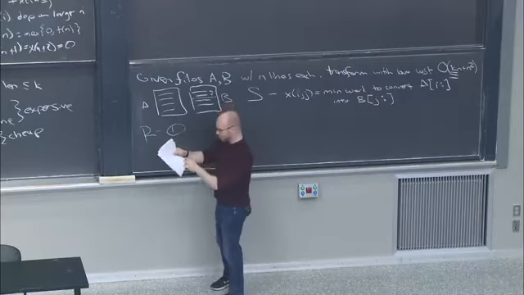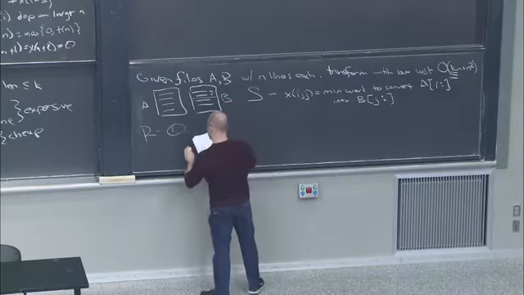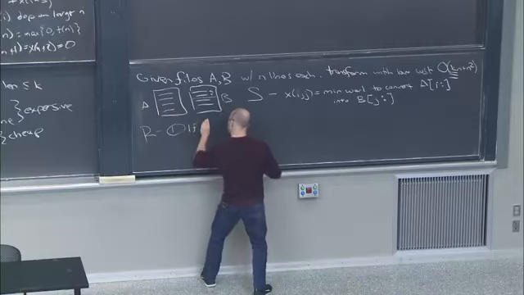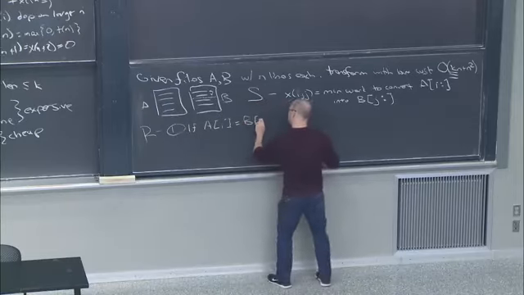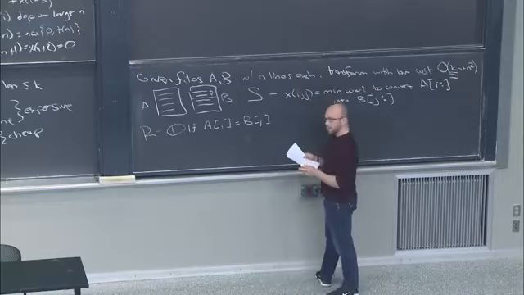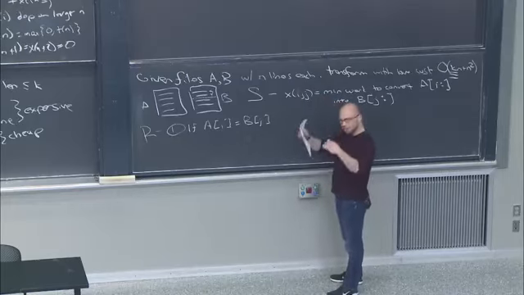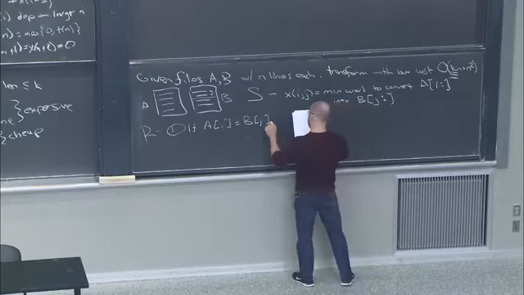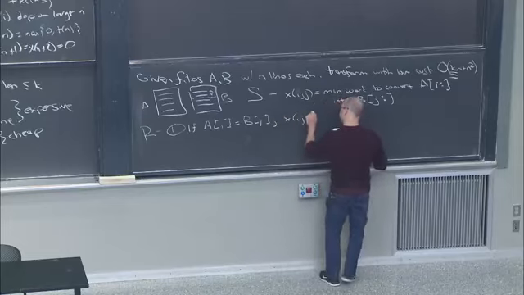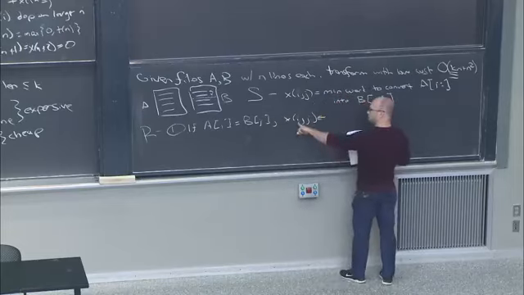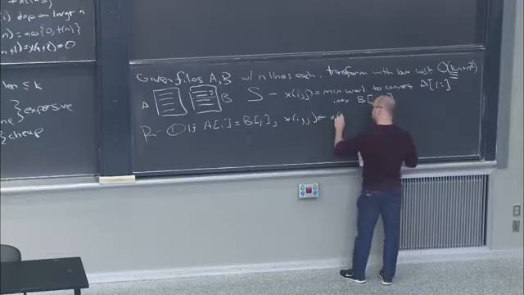So case 1 is the easiest one: if A_i equals B_j, then I can just remove that line from both documents and move forward. Using my same goofy notation, I'm just going to increment i and j and keep going.